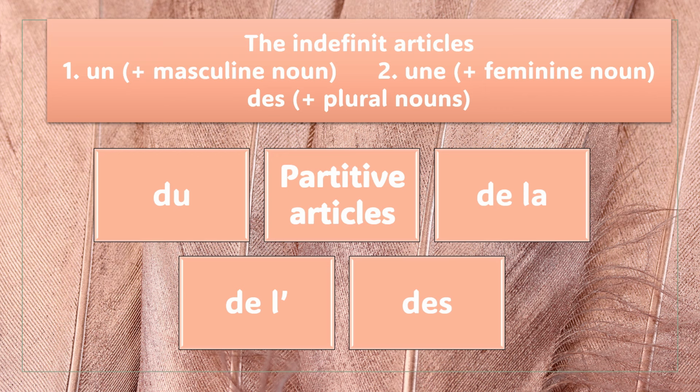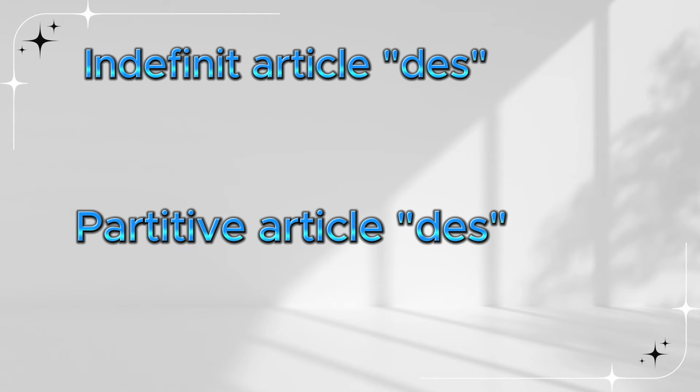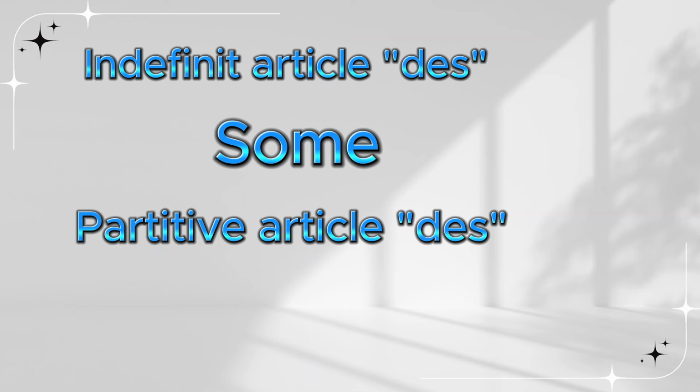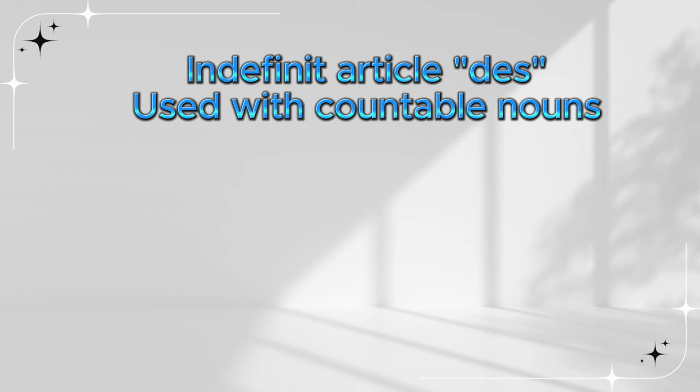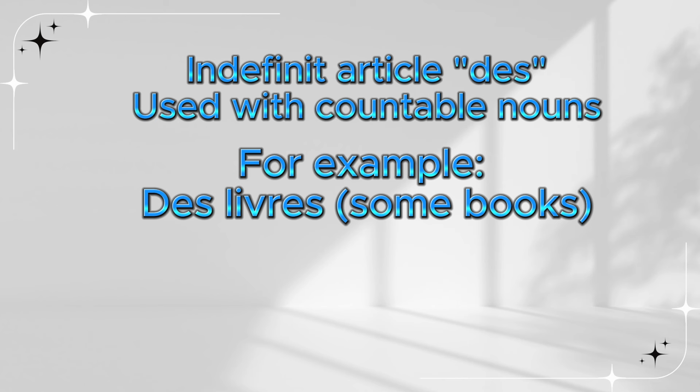You might have noticed that des serves as both an indefinite and a partitive article, and it is also a contraction, by the way. Interestingly, it is translated the same way as some. So you must be wondering, what is the difference? It's actually quite simple. When you use des with a countable noun like des livres, which means some books, then it acts as an indefinite article.